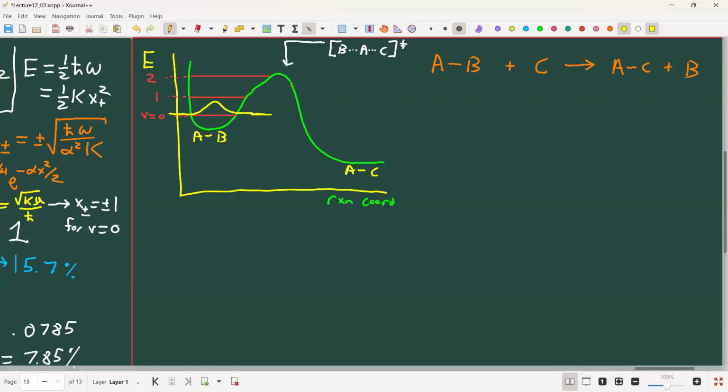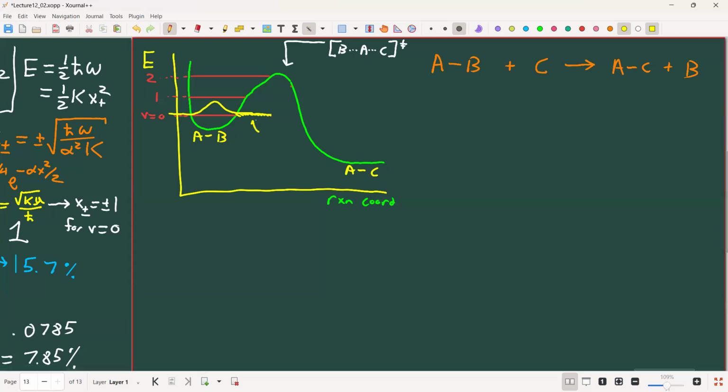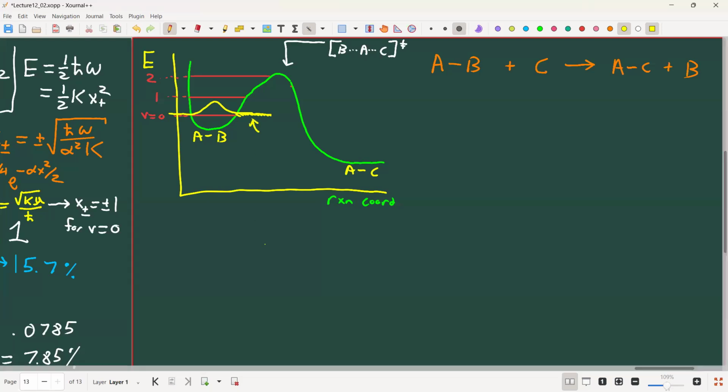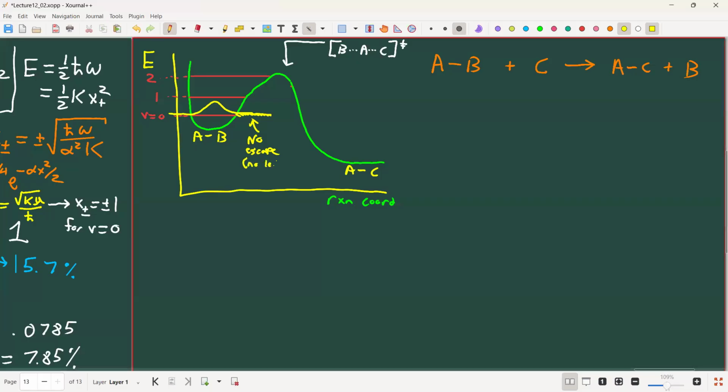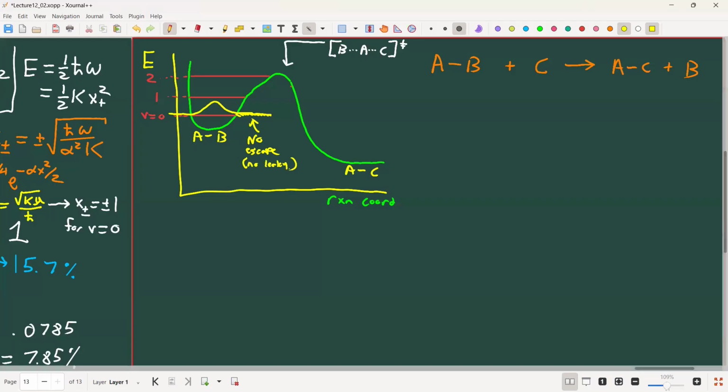Of course, the probability that the particle is in this region is pretty small. And if a particle is found here, it can't really do anything, right? Because it's stuck in the barrier. There's no escape. So there's no leakiness, because there's nowhere for it to leak out.